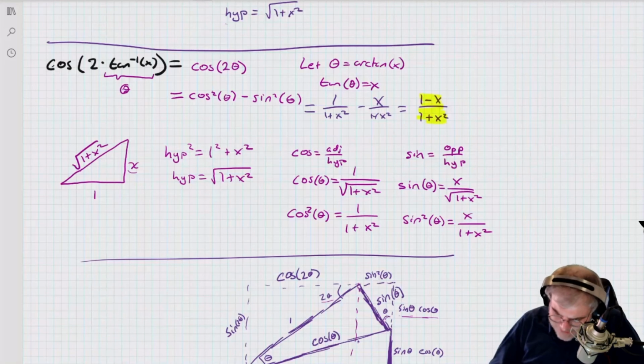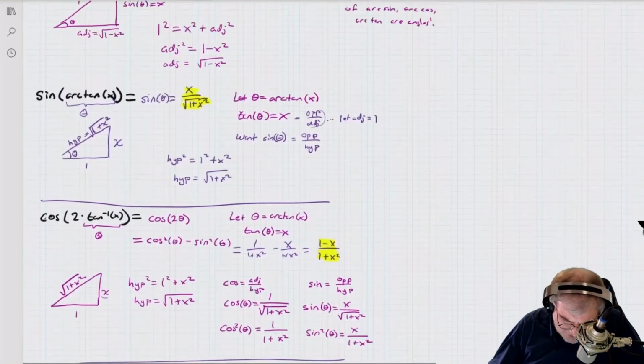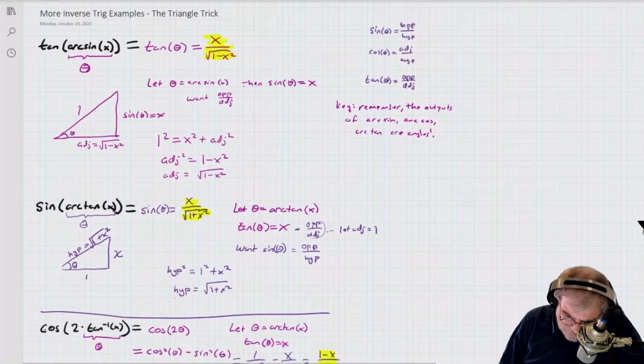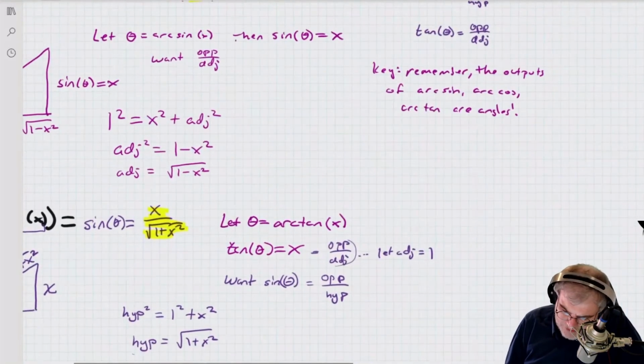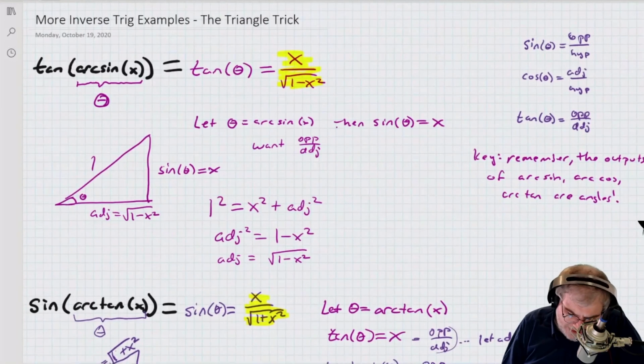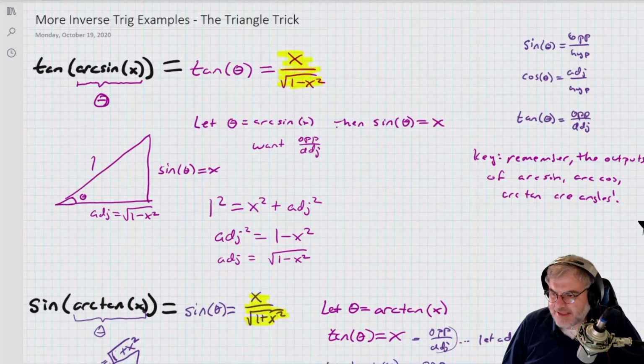So I have 3 examples of this triangle trick, right? I have a straight triangle where I'm doing a tangent. I have this one, and then I have this weird one where I've got some extra step where I have to use the double angle formula. Now, the key thing here was whatever was inside this, I made theta.